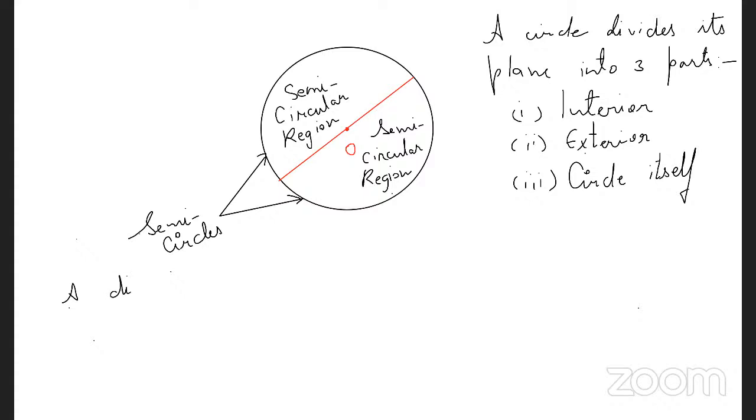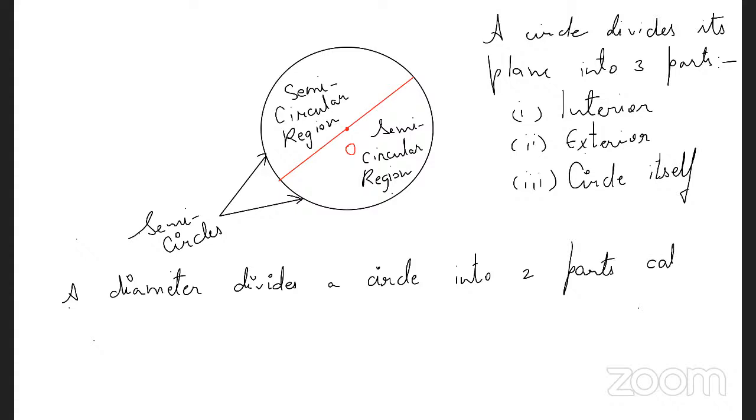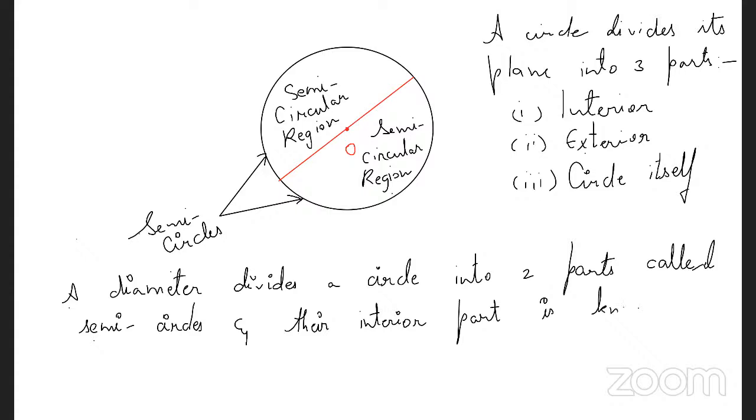You can write it down. This means semicircular region.